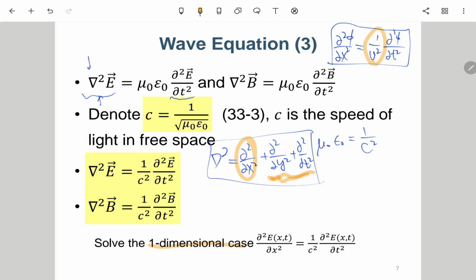Laplacian is simplified to the second derivative with respect to x for the E field and also for the B field. And then the right side is the same.